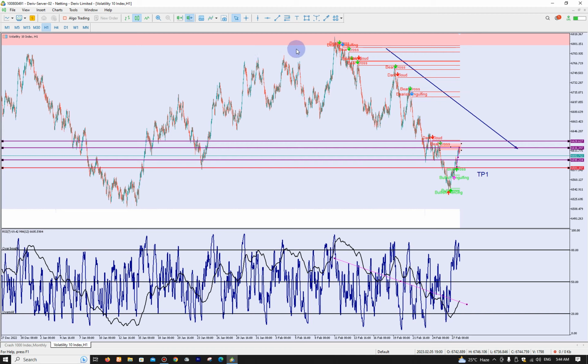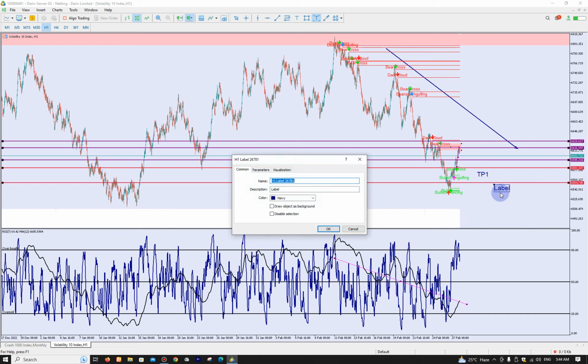But for those of us who are still bold and still want to ride the trend, we can say, okay, take profit 2 will be within this key area, this zone. This is my TP2. We don't want to be too greedy.